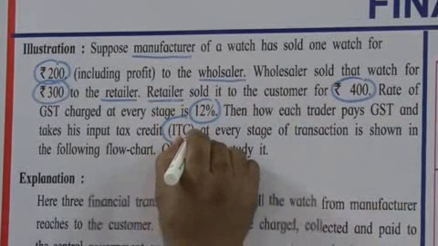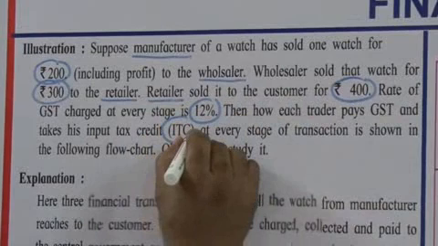Therefore 12 upon 100 into 400, this gets cancelled and 12 4s are 48. Therefore all this process must charge 48 rupees of GST and it will be divided into 2 parts, that is 24 rupees of CGST and 24 rupees of SGST.